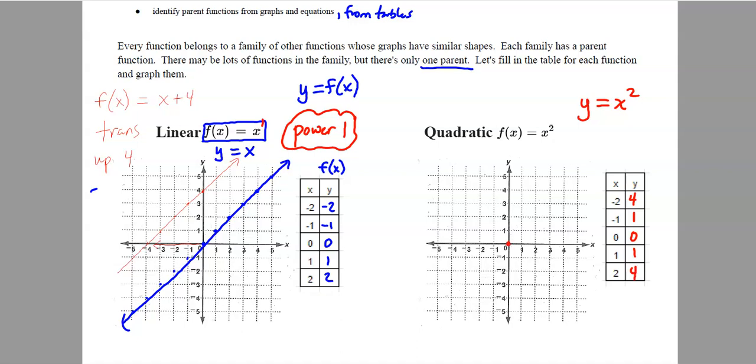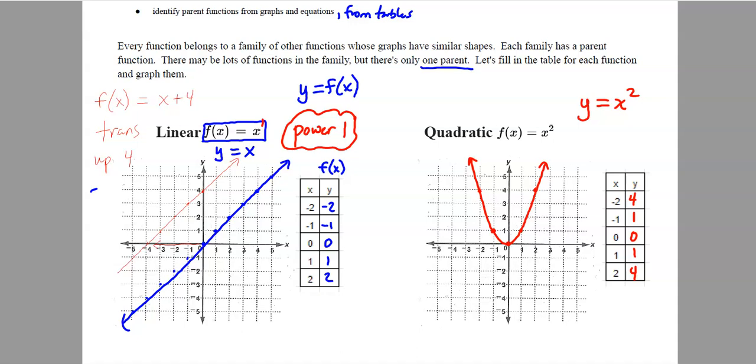So I have 0, 0, I have 1, 1, I have 2, 4, and then I go negative 1 up 1, negative 2 up 4, and I get what is called a parabola. And that's the OG, man. That's the parent of all the x squareds, all the quadratics.